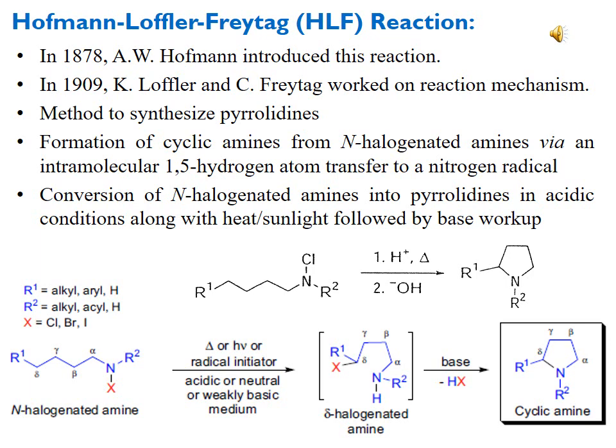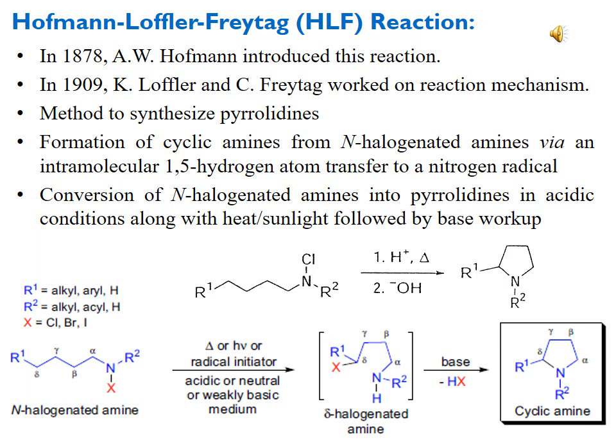Basically, this method is about the synthesis of pyrrolidines. This uses the substrates of N-halogenated amines. These N-halogenated amines are converted into cyclic heterocyclic amines through an intramolecular 1,5 hydrogen atom transfer, or hydrogen atom shifting, to a nitrogen radical.